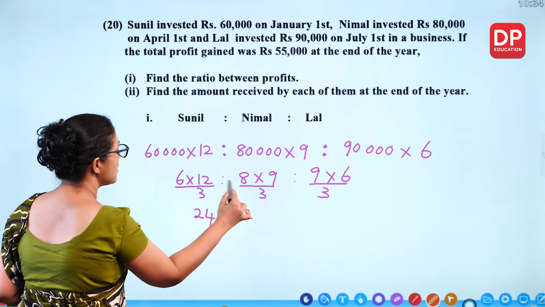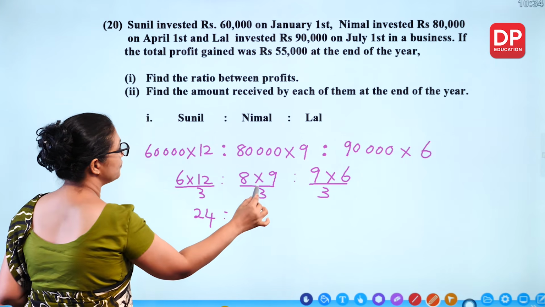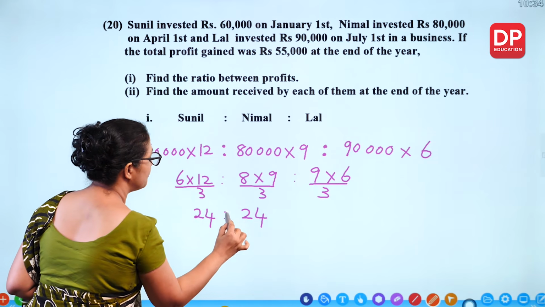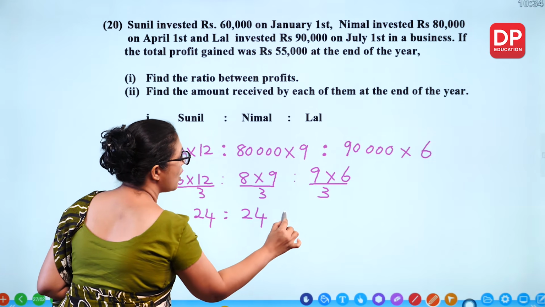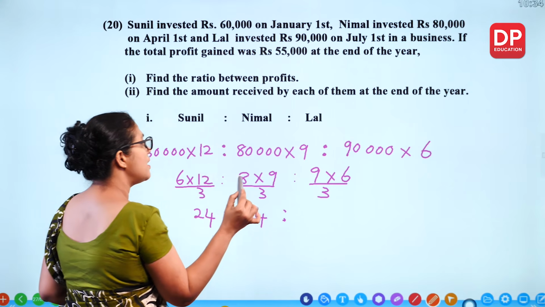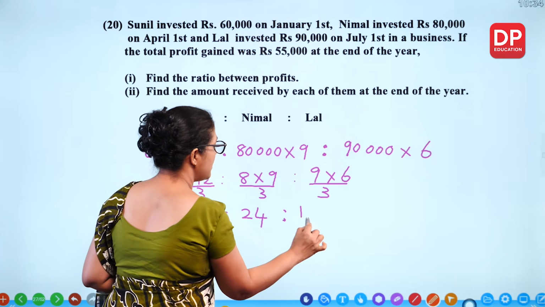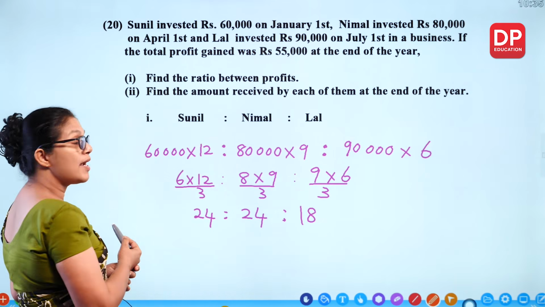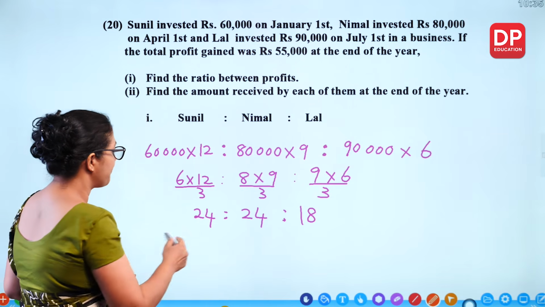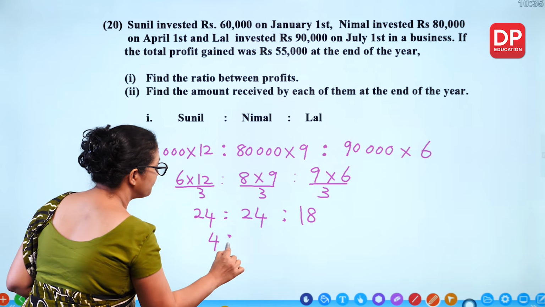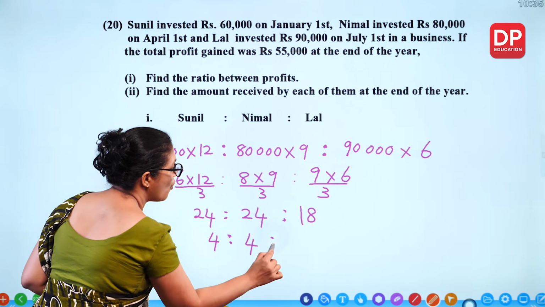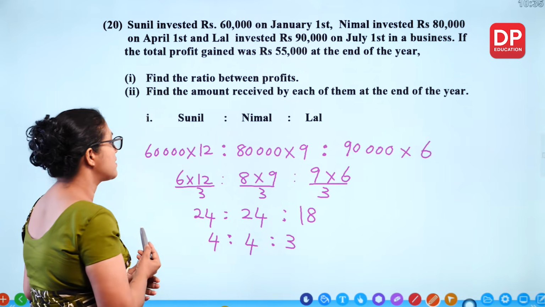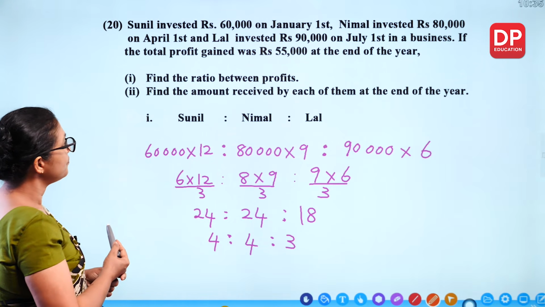Here also you get 24. And this one, divide by 3. 3 times 6, 18. Now you can divide the whole thing by 6. 4, 4, 3. So that's the ratio.